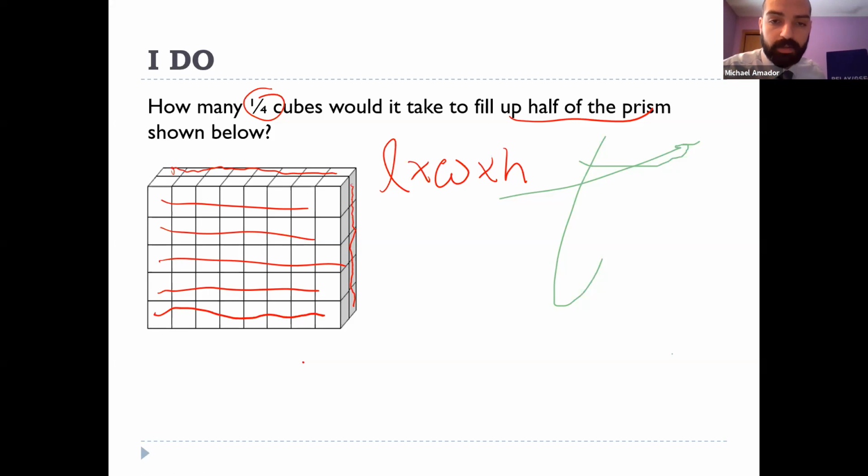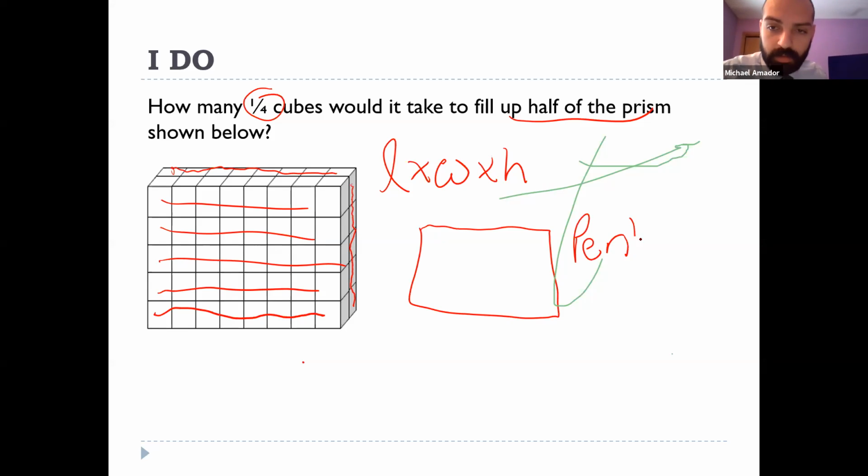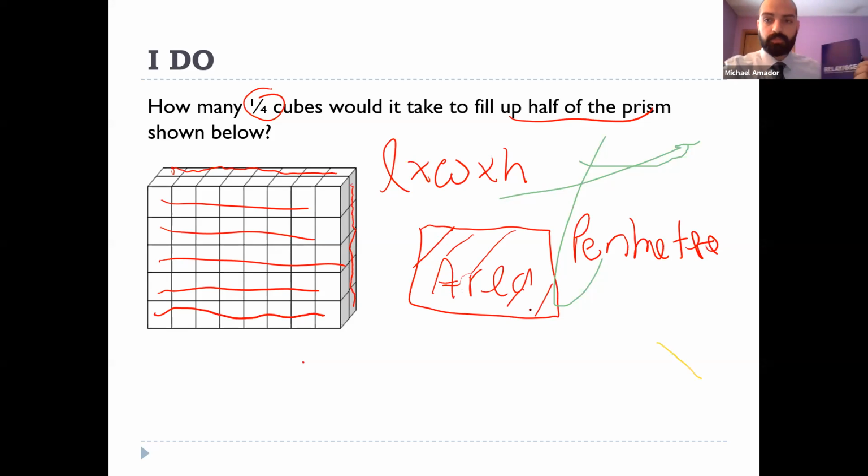So perimeter is around the shape. Area is inside it. So inside here on a 2-dimensional shape is area. I'm shading it in on the little picture that I just drew.